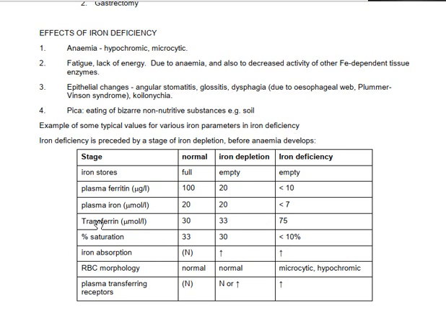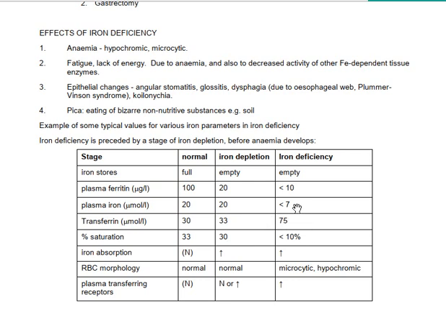The plasma iron level is not very good in order for you to know that there is iron deficiency. Is it clear? What is good is mostly these two: a percentage saturation less than 10% and a very high transferrin level can tell you that there is iron deficiency.